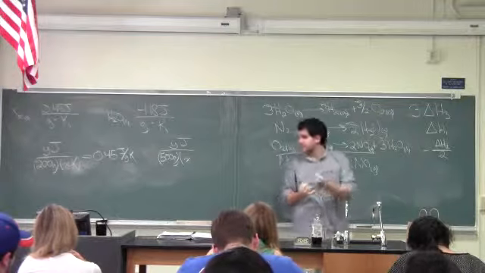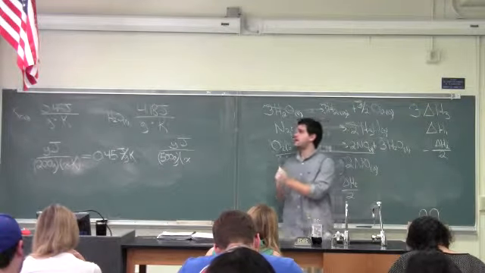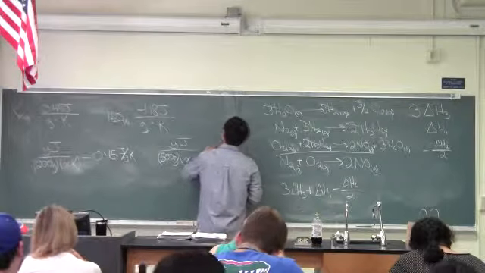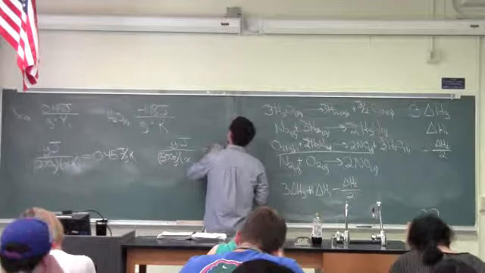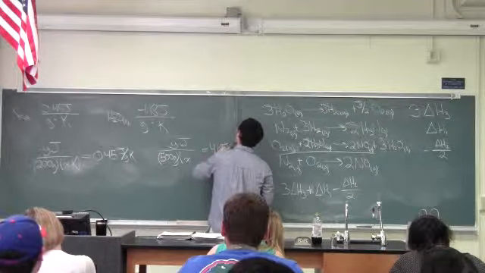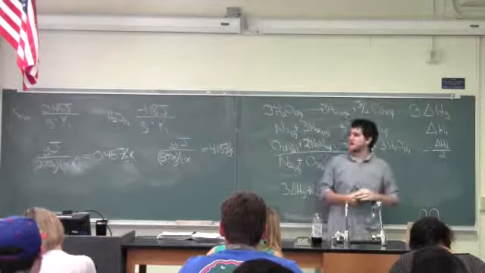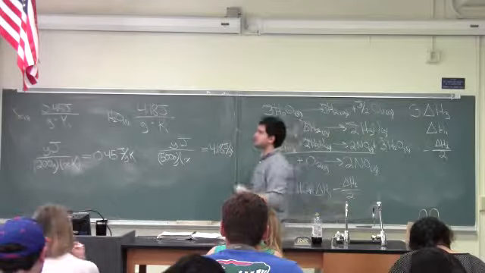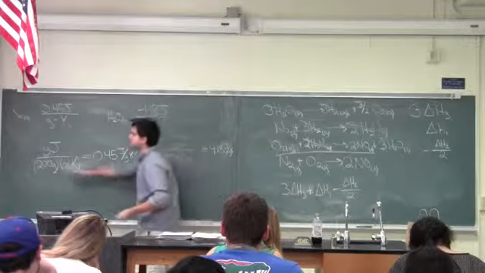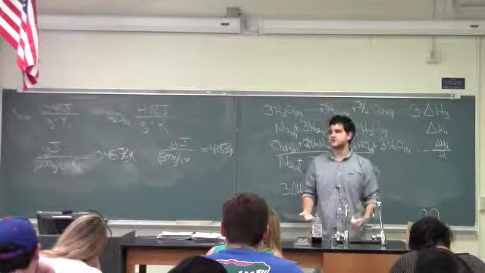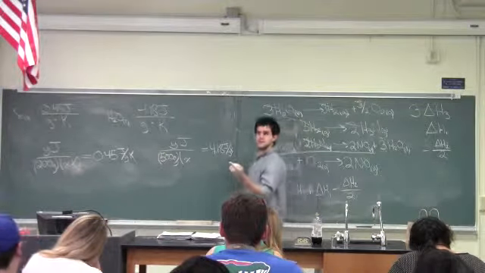But since I've got more water and the heat capacity for water is appreciably larger than that of iron, I'm going to have to do something a little bit different than just call it X, because I know that the iron is going to cool down more than the water is warmed, because it's tougher to heat water up. Question?